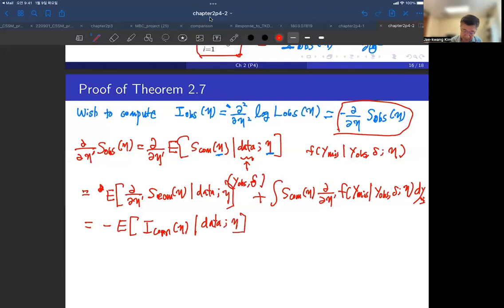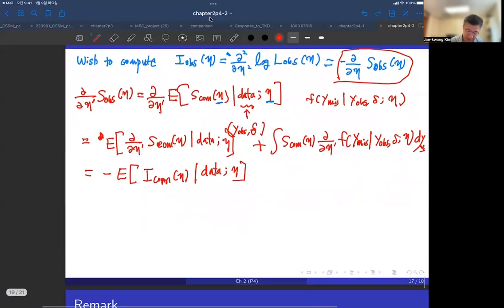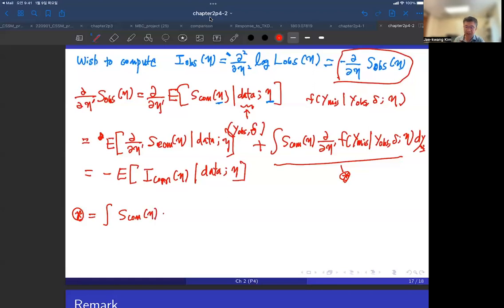The second part, we need more space, so let's write it more carefully. The partial derivative of the density is always equal to the score function times the density, right? So remember.